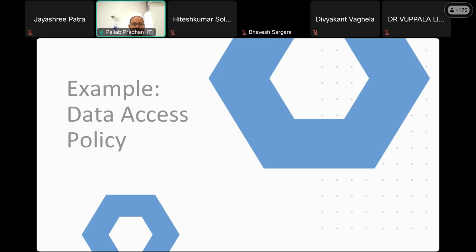You can go through the different policies. MOSPI is there, and ICSSR is there. They have their own policies based on their institutional and organizational requirements. I have not named all of them, I have just given data access policy examples. You can go through the ICSSR data access policy also.